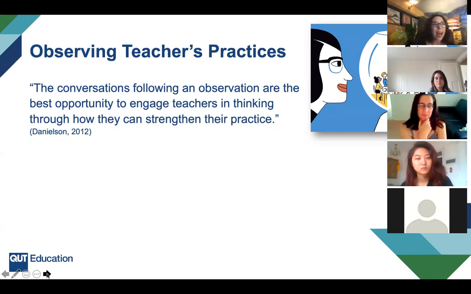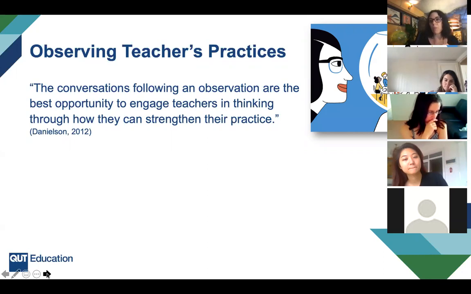And as a practicing teacher, you're going to be involved in peer observation. Some of you may be familiar with this already, possibly in your previous roles or jobs, or even as a student, being observed or observing others.